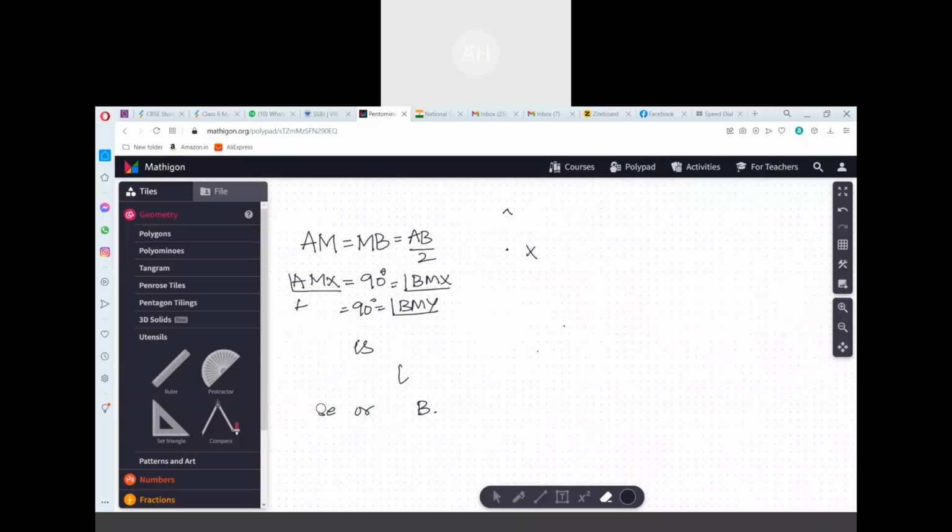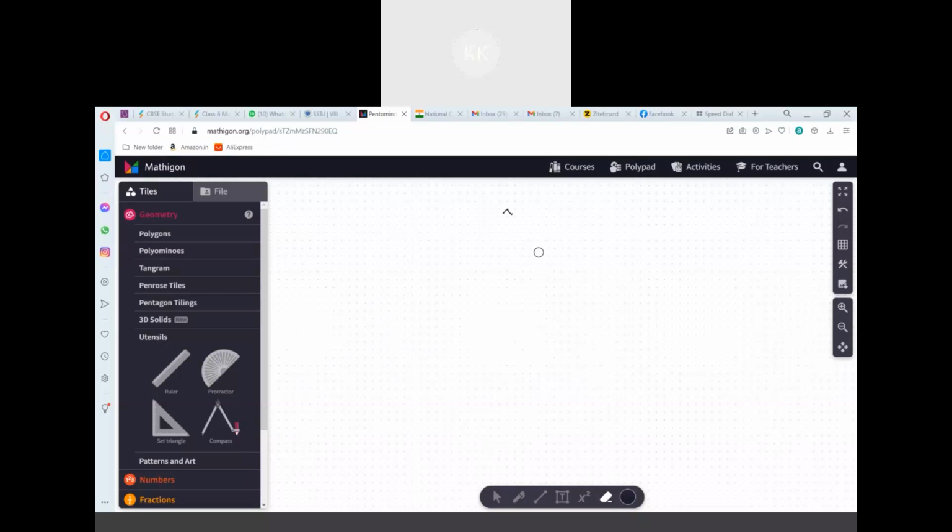First, you have to make an angle of 140 degree using the protractor. For that, we require a point of reference. So let us take a ray or a line segment. For instance, if I take this line segment, with this point as a reference, I have to make 140 degree.